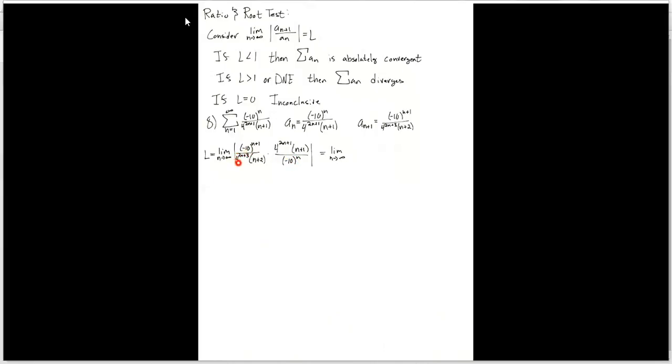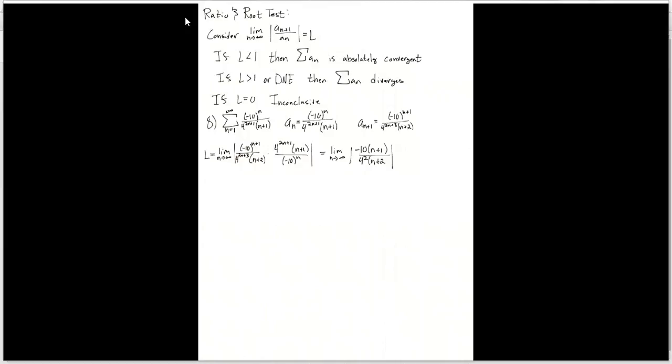And the 4 to the 2n plus 3 and the 4 to the 2n plus 1: the 2n's are going to cancel, and the 3 and the 1 leave us with 2. We're going to have our n plus 1 and n plus 2 left over. So this is going to be, with absolutes, -10 on top with n plus 1, and on the bottom we have 4 squared times n plus 2.